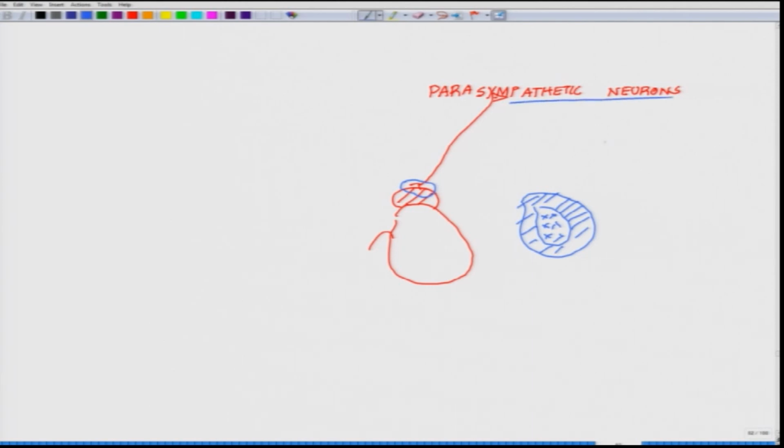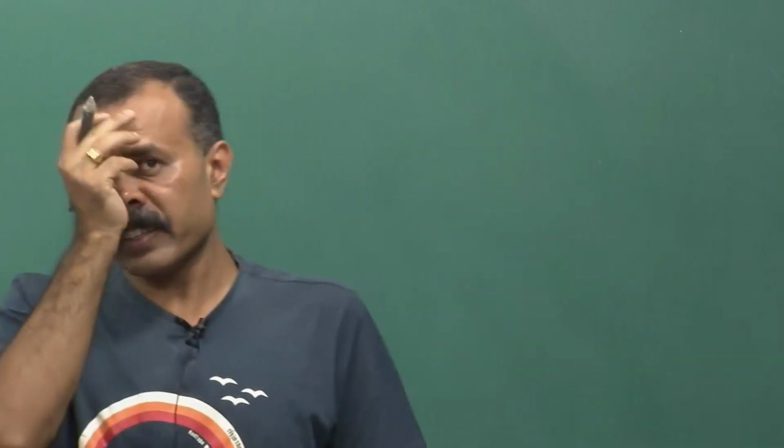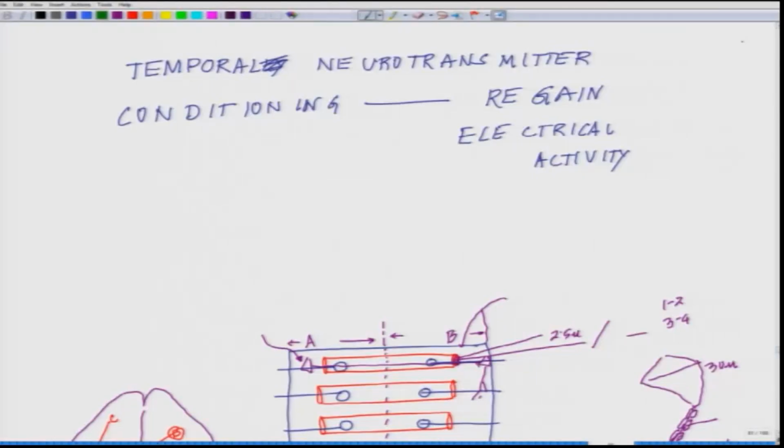Now you isolate the parasympathetic neuron and innervate it with the cells of the adrenal in multi-compartment chambers. There are several multi-compartment chambers being developed all over the world, and the genesis of all these starts with the Campenot chamber, which I talked about in the previous class, the very first multi-compartment chamber.